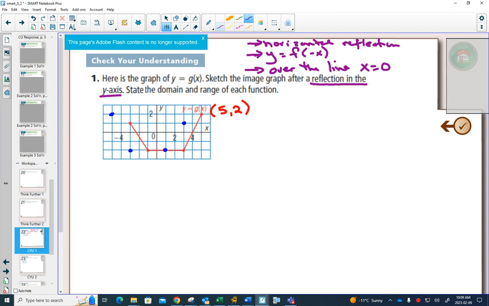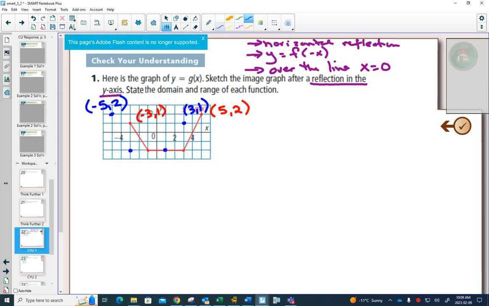sometimes, like this one, I just counted things out, but mathematically on this one, can you see that all that's happened is your x coordinates have gotten multiplied by a negative. So that 5, 2 becomes negative 5, 2. This one, we do one more, this point here, which was at negative 3, 1, is now at positive 3, 1.